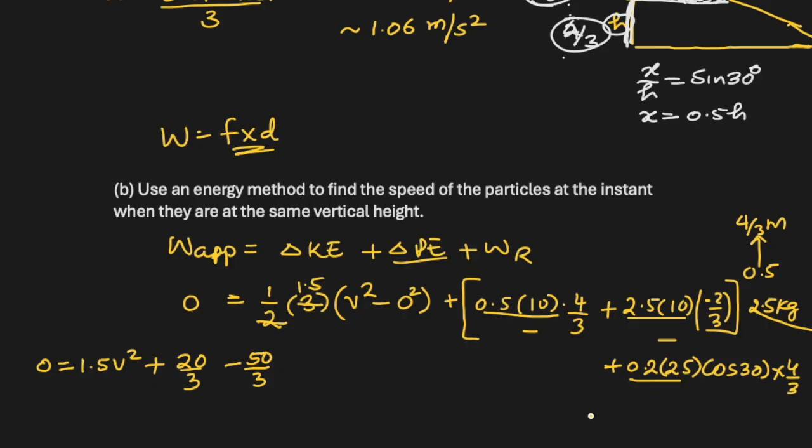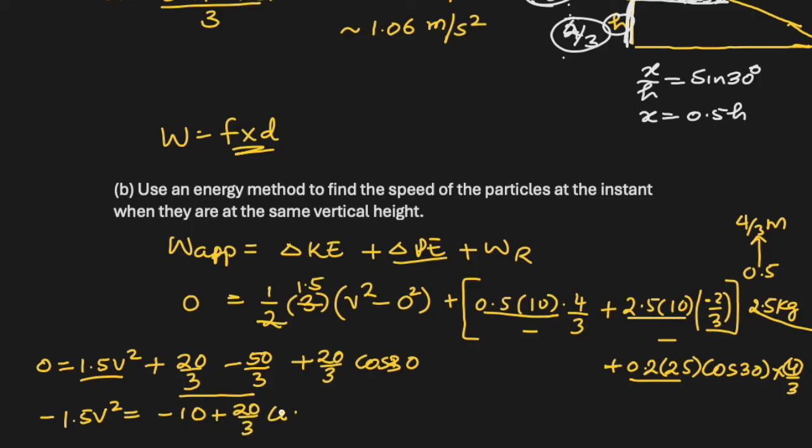So this is 5 cos 30, 5 times 4, 20/3 cos 30. Okay, so now let's move this to the other side. So it will become minus 1.5 v square equal to this, and this will be minus 30/3, which is minus 10, plus 20/3 cos 30.